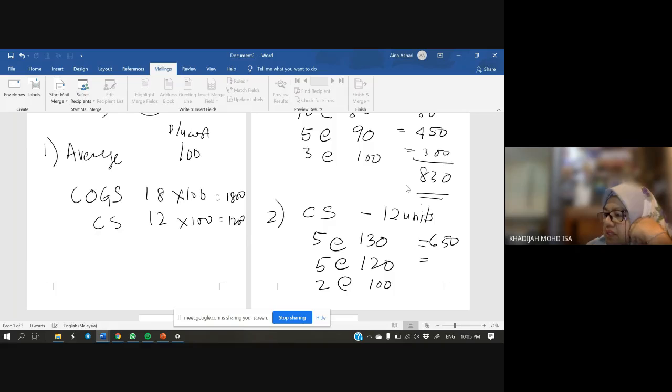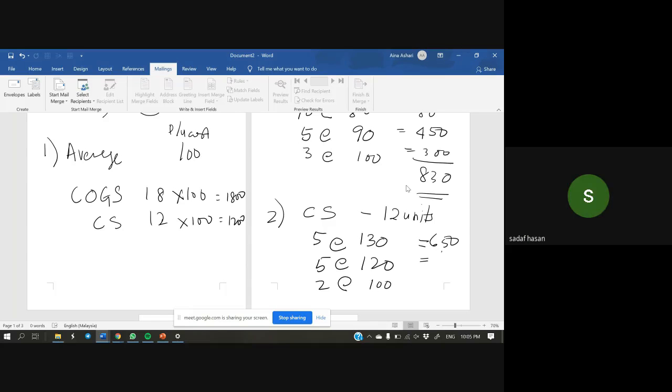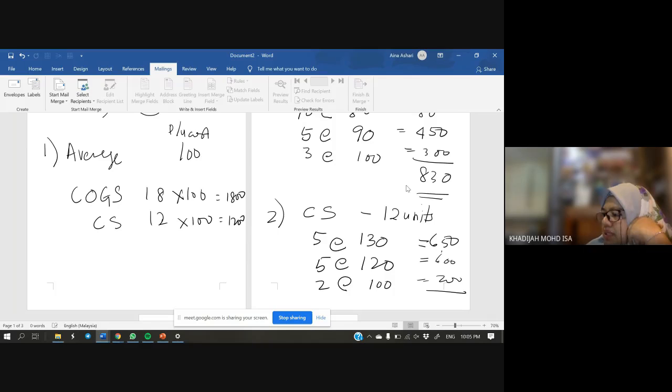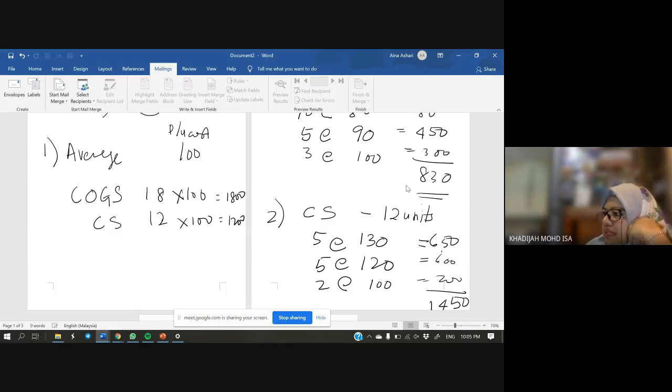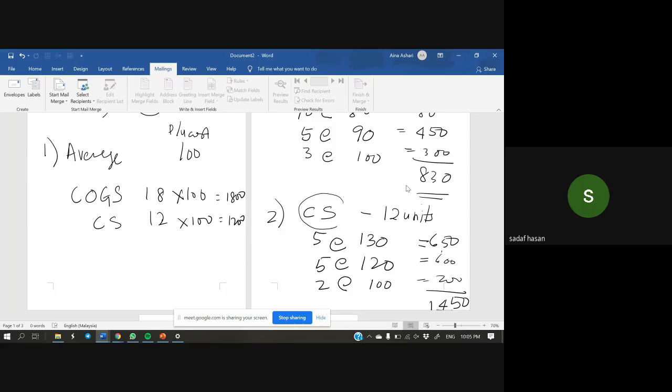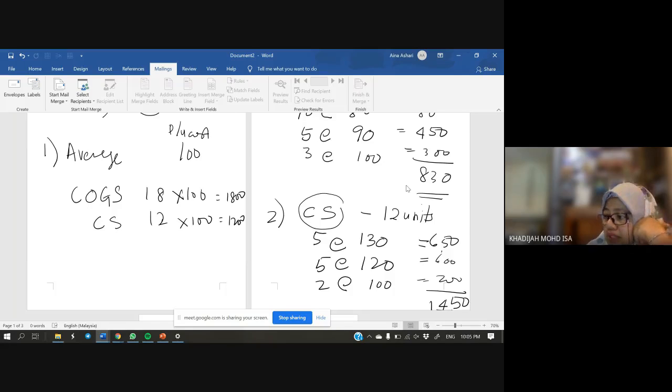And how much is the total? 1,450. Yes. So what is this? This is your closing stock under periodic.